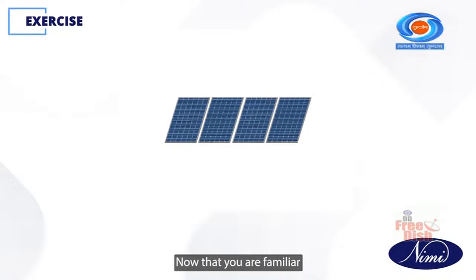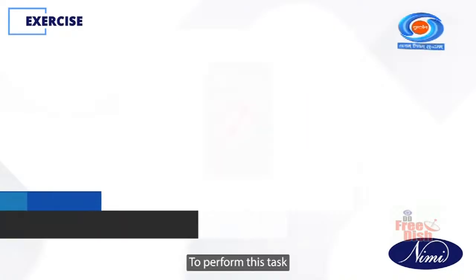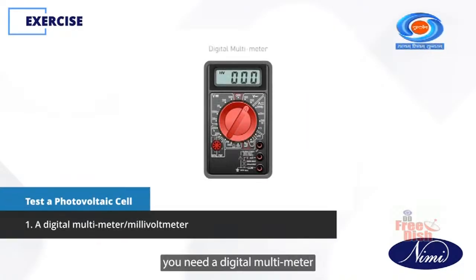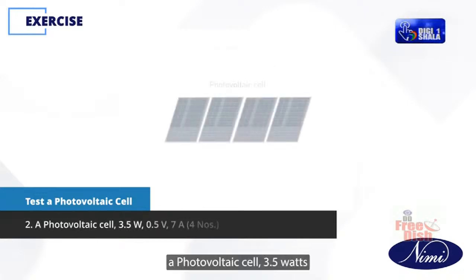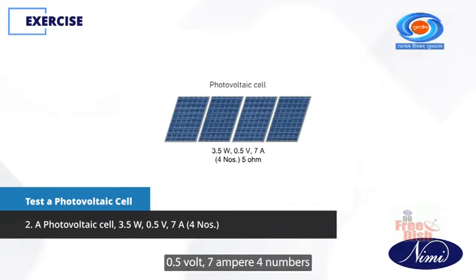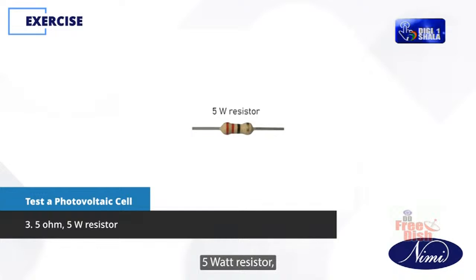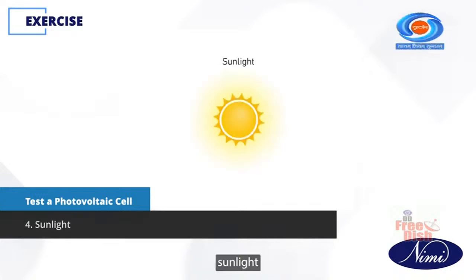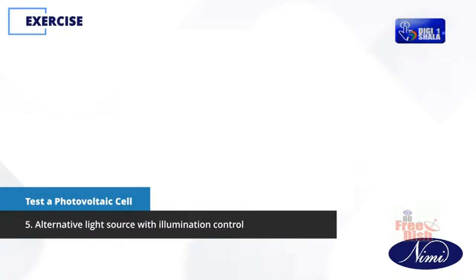Now that you are familiar with the photovoltaic cell, let us do a task to test your understanding. To perform this task, you need a digital multimeter or millivoltmeter, a photovoltaic cell of 3.5 watts, 0.5 volts, 7 amperes, 4 numbers, an ohm, 5 watt resistor, sunlight, and an alternative light source with illumination control.